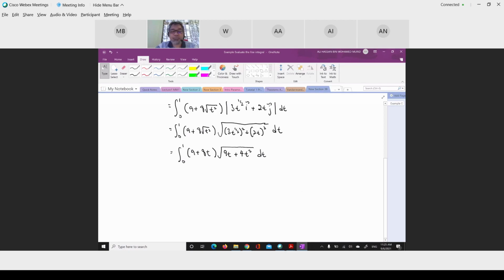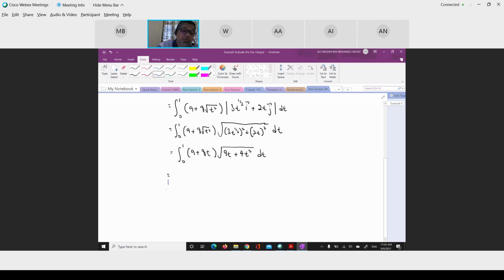Where is everybody? How to evaluate this integral? Chain rule? How to apply? We are not differentiating, we are integrating here. What about substitution?